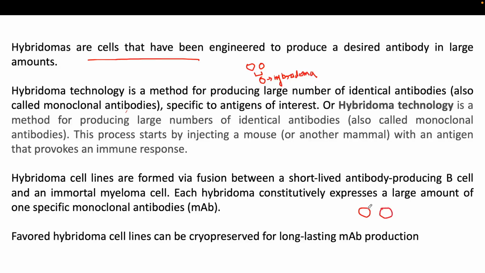One cell has the antibody producing capacity, and the other cell has immortality. When you fuse these two cells together, the hybrid cell will have both natures: continuous antibody production as well as immortality. So this is the basic principle behind the hybridoma cell technology.